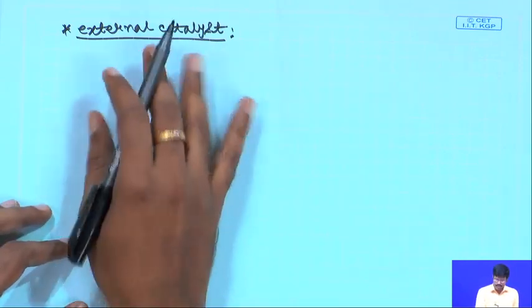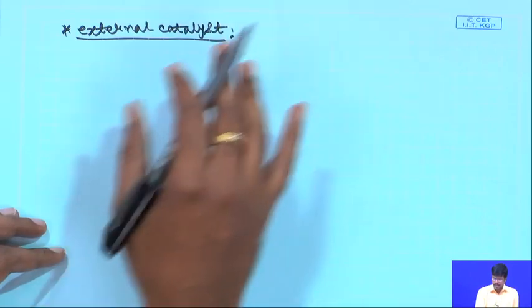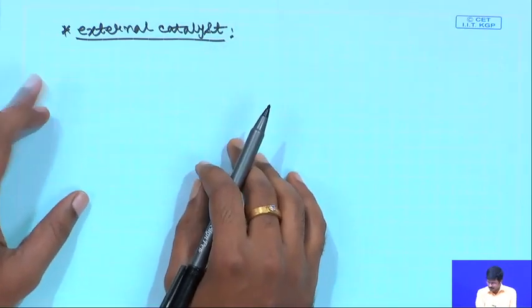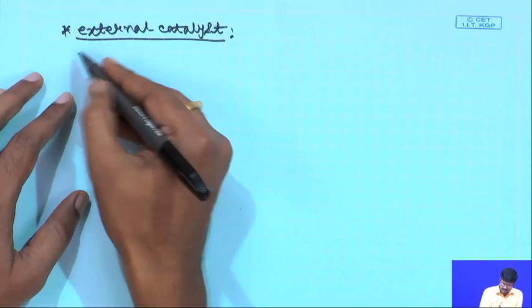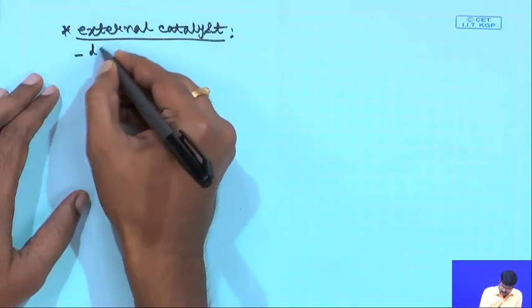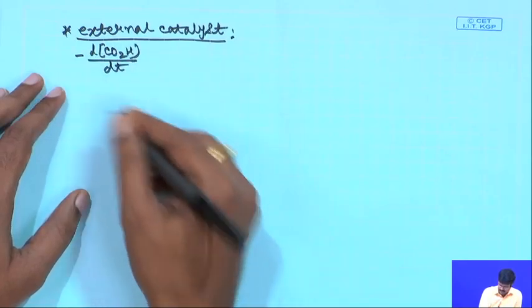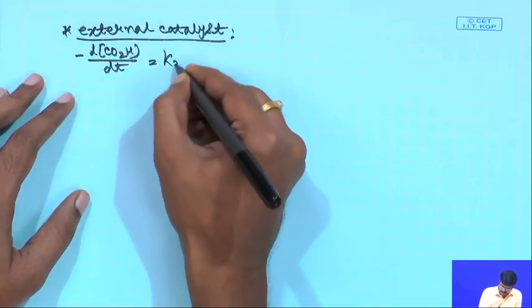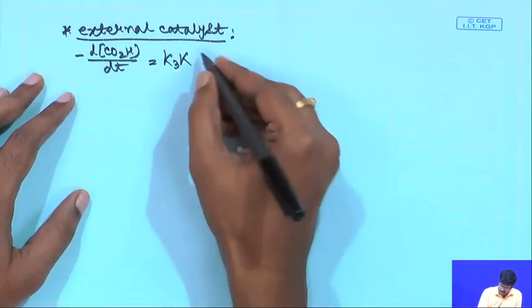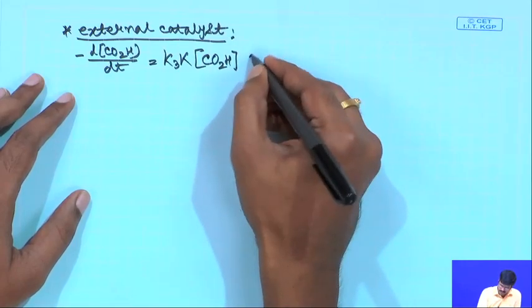So let us now talk about external catalysis. We talked about the self catalyzed system, now we are going to talk about the external catalyzed system. I am not going to derive everything here. I am going to start from this particular expression, minus d CO2H dt, that is the rate of the reaction, which is basically K3K, recall that expression, into CO2H into OH into HA.